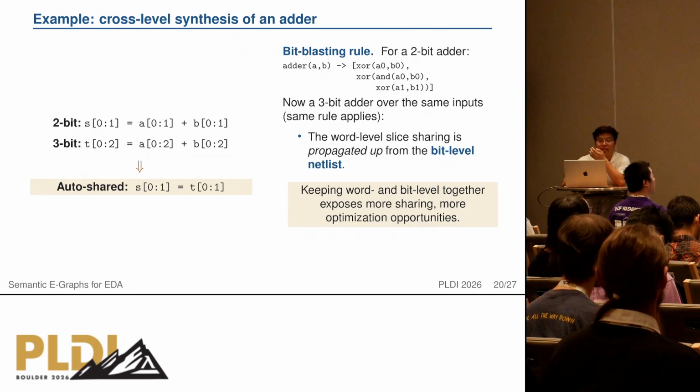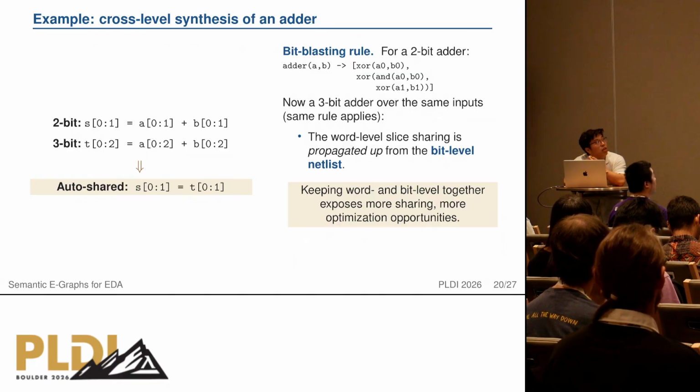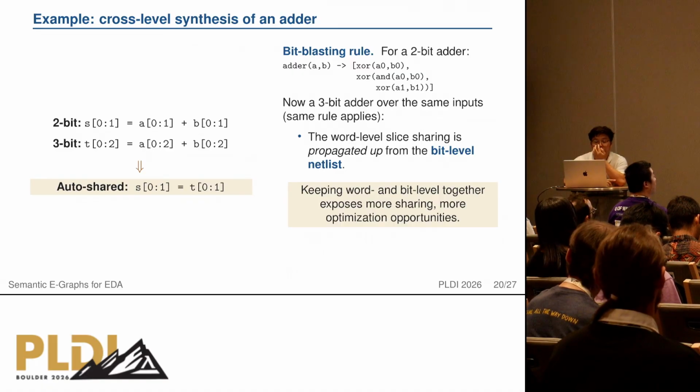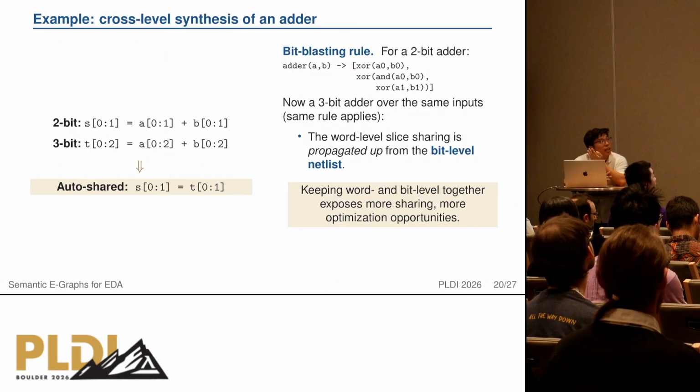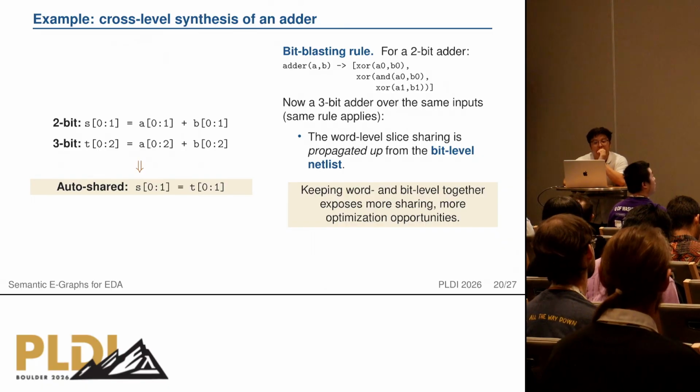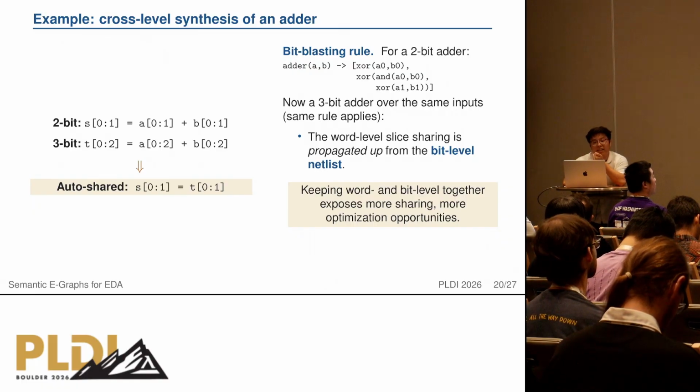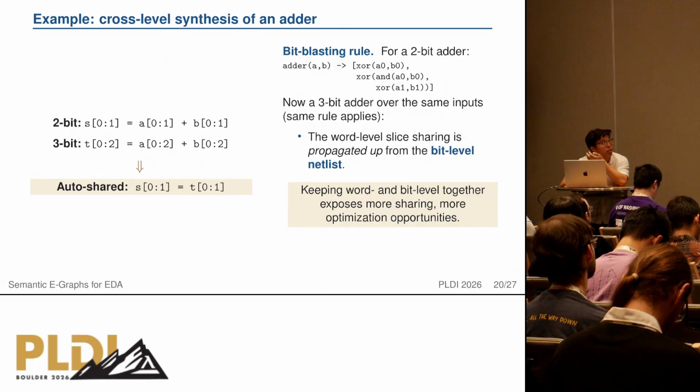We can tell that the lower 2 bits of the 3-bit adder are the same as the 2-bit adder output. The reason this can happen is that the word-level slice sharing can be propagated from the bit-level netlist. So the takeaway is that having word level and bit level together in one egraph can expose more possible sharing and more optimization opportunities.